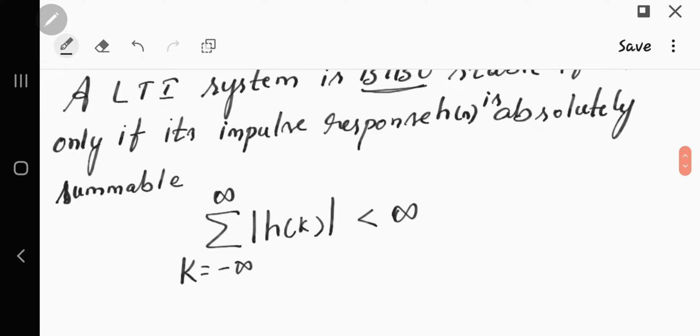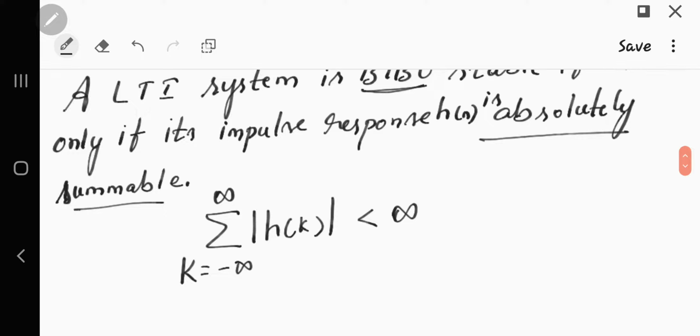The condition is the system is said to be bounded input, bounded output stable if and only if the impulse response of the system is absolutely summable. Since it's a discrete time system, we take the summation here, so that's why it ends with absolutely summable for a discrete time system. So if you apply h of n and apply the limit here for the summation, the value of that should be less than infinity.